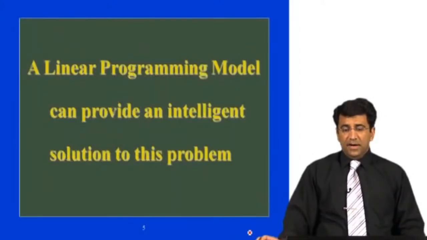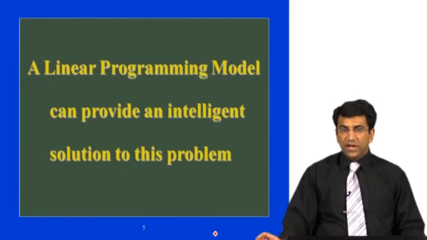So class, a linear programming model can provide an intelligent solution to this problem. In this particular case, we should not rely on the observation made by the production manager, but we should rely on a good technique like the linear programming technique in order to find the optimum solution for the production of these two products, so that we are able to maximize our profit.